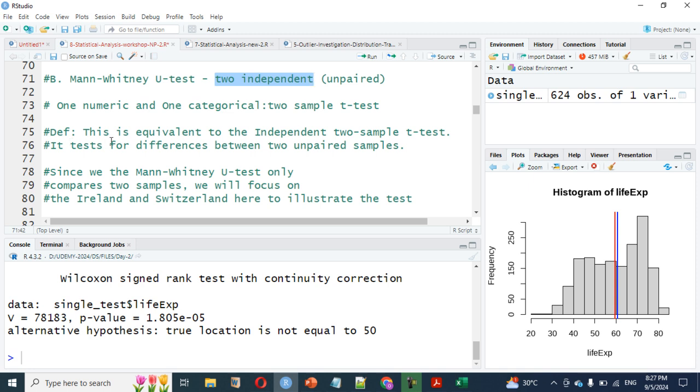The definition is that this is equivalent to the independent two sample test. It tests for differences between two unpaired samples. You remember two unpaired samples we have done before. Same thing applicable here.